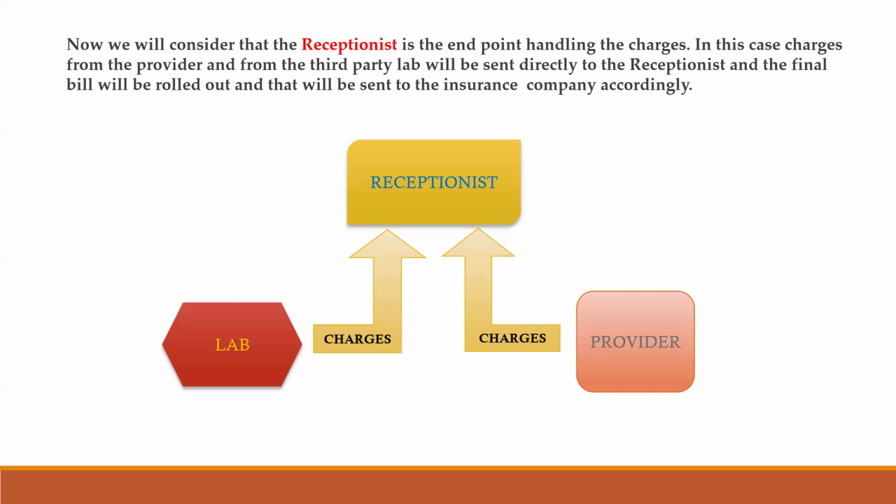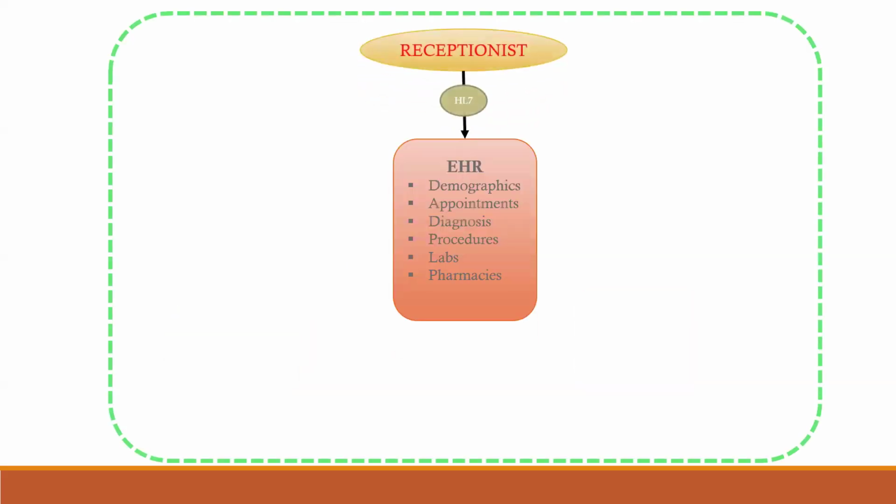Let's see where the problem arises. Now, when we talk about the data, a receptionist is sending the data in the form of HL7 to the EHR. EHR is electronic health record software. It is used by clinicians, nurses, and clinical staff to save the patient data, the patient's entire clinical history, in that particular application.